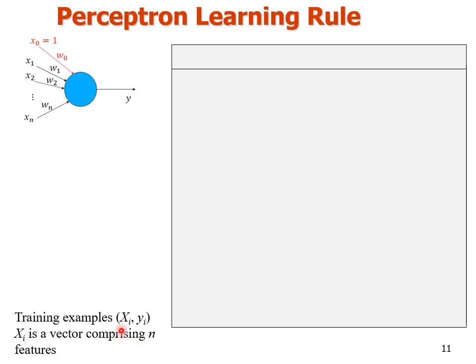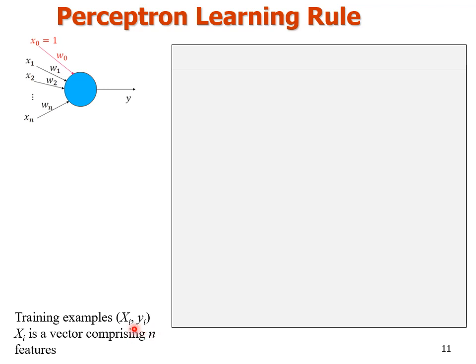So see here, we have a perceptron. The perceptron accepts the features of one instance as inputs. Let us assume that the training data set has many instances, and each instance is described with a pair xi, yi, where xi is the ith training instance and yi is the associated class or label.